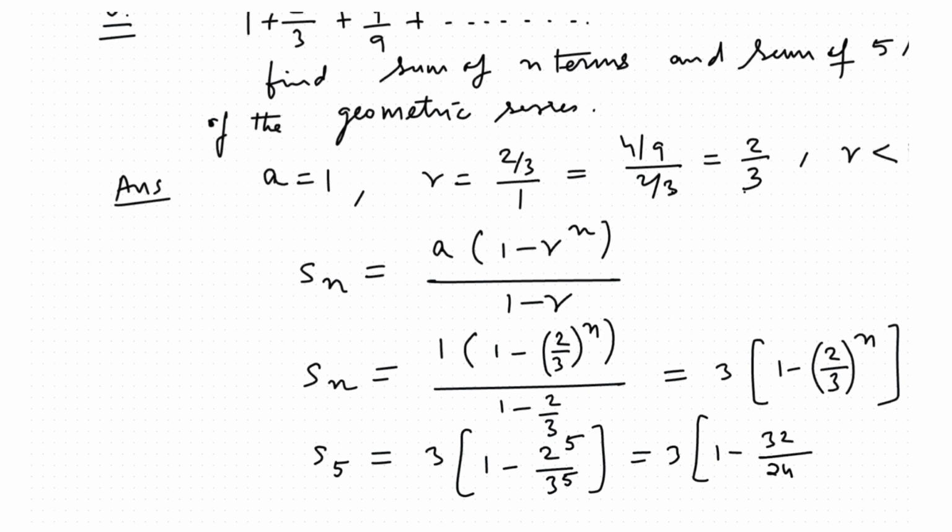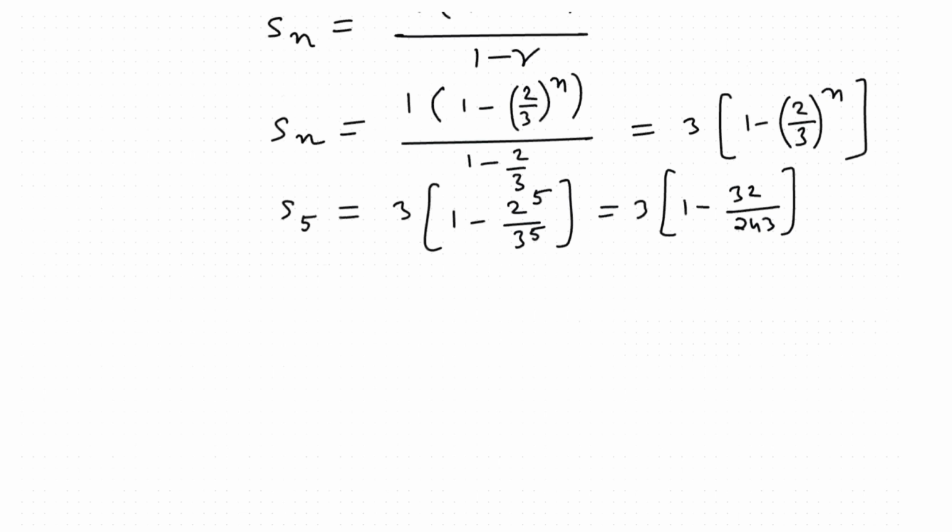So this would be how much? This would be 3 times 211 upon 243. So we can cancel this and I will get 81.